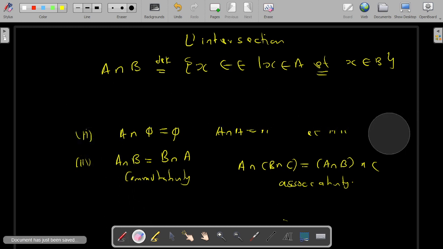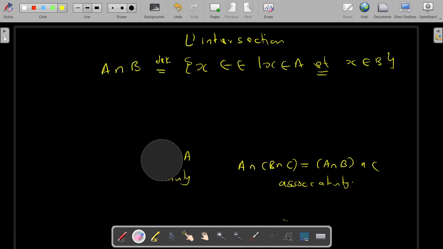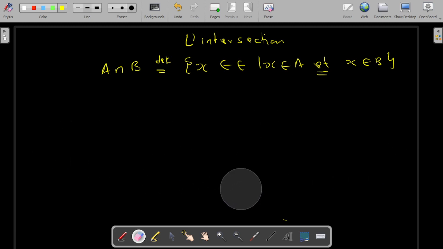We also had distributivity in chapter 1 when we discussed conjunctions and disjunctions. So this is actually a direct consequence of that important result.